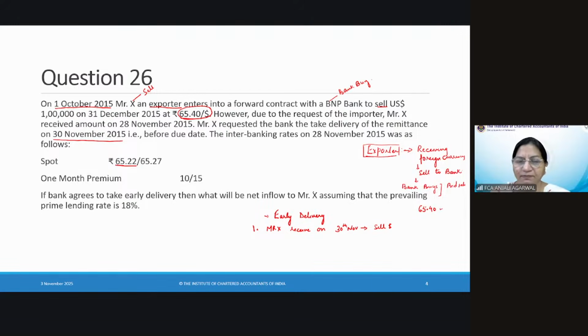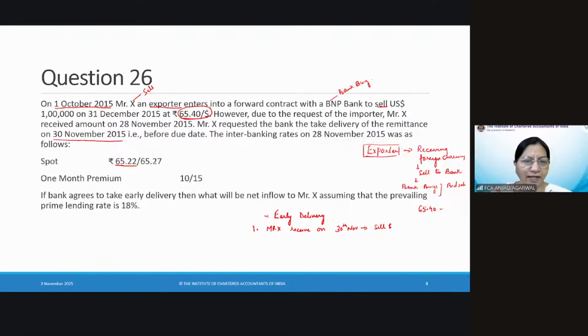Right? But bank must have covered itself for the contract which it had entered with Mr. X. So the bank must have, on 31st December, entered into a contract to sell these dollars which it would receive from Mr. X. Now, to honor that contract, bank will also have to enter into a swap contract. Bank is not going to receive any dollars now on 31st December. So bank will have to purchase it from the market, from the interbank.